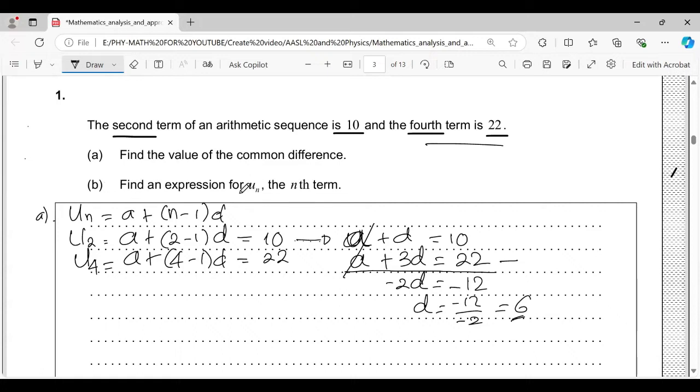B, find an expression for un. To determine the term of an arithmetic sequence, we are going to use this formula: un equals a plus n minus 1 multiplied by d.